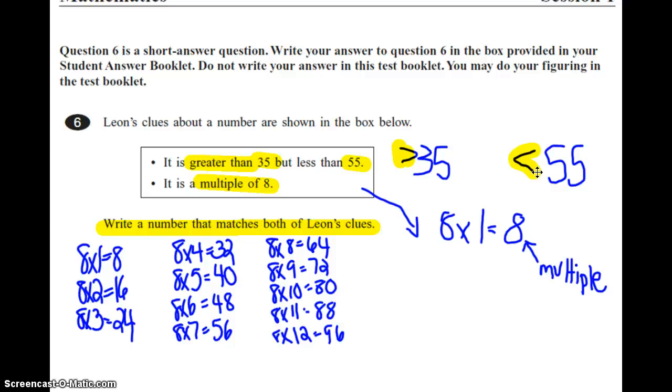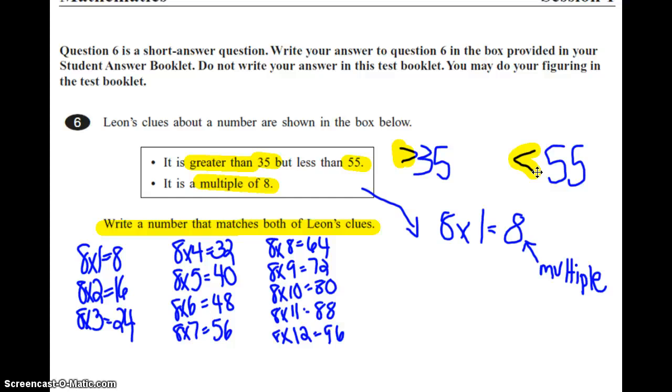So it could be 36, 37, 38, 39, 40, 41, 42, 43, 44, 45, 46, 47, 48, 49, 50, 51, 52, 53, 54. Now that's one of the clues.